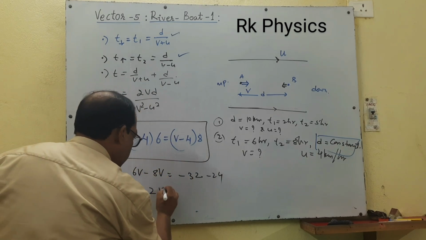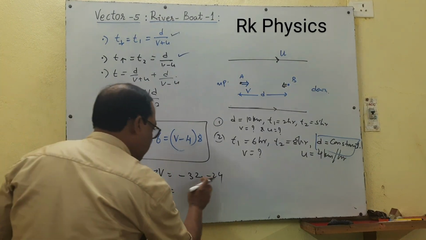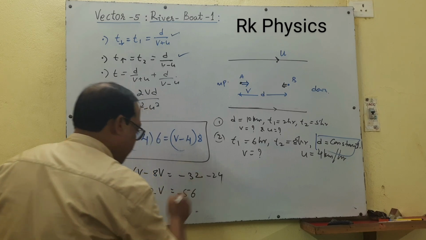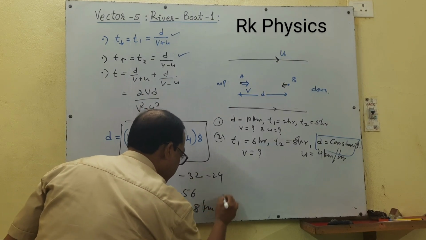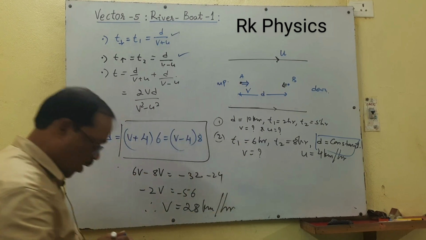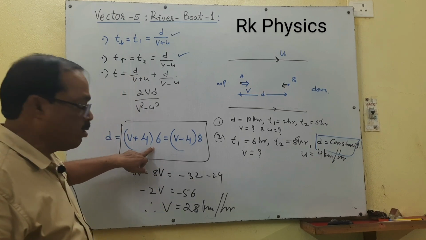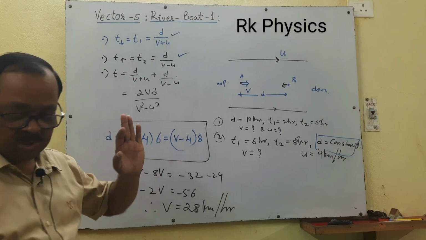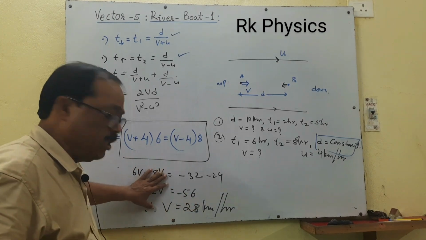Now this is 2V, this is minus 2V, this is minus 56, therefore V is 28 kilometer per hour. So this is your answer. Mark this equation. If you frame this equation, it is possible to solve the problem orally.